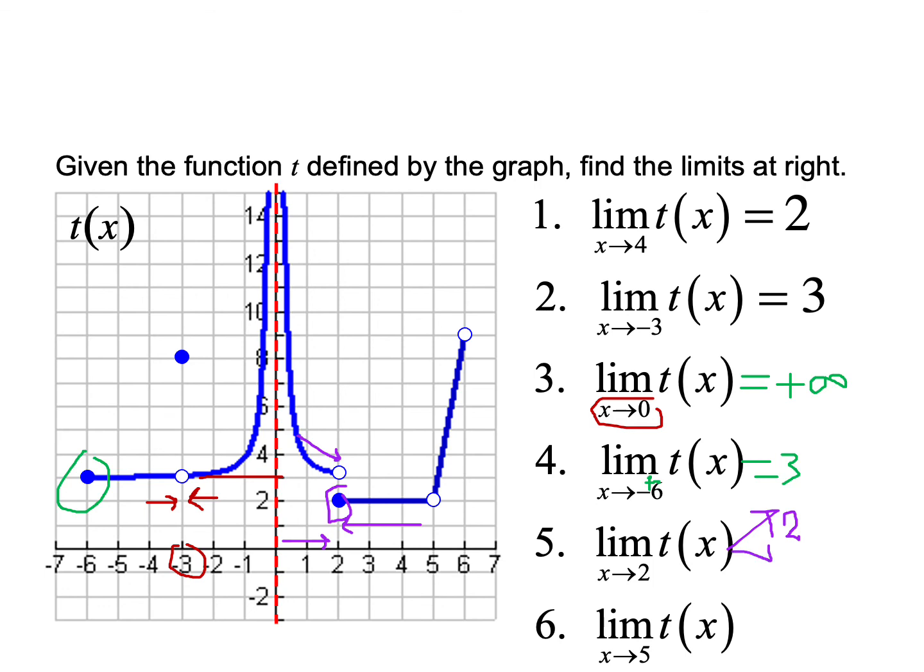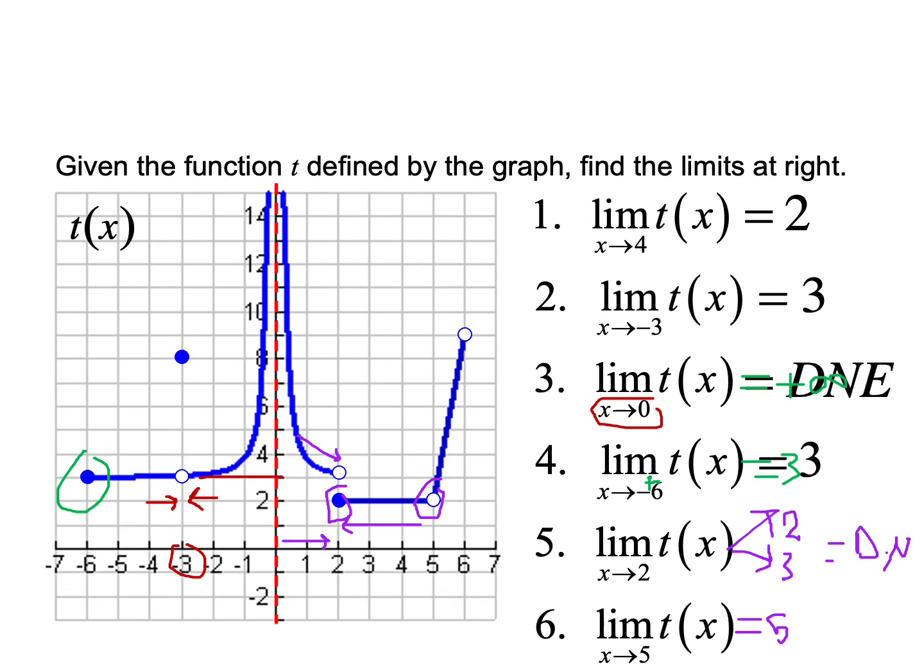So we have two different heights. In this case, we say the limit does not exist. Okay. Also at 5, there's only a hole, so they have the same height, so the limit exists and equals 2. This example is good because it's a revision for all cases.